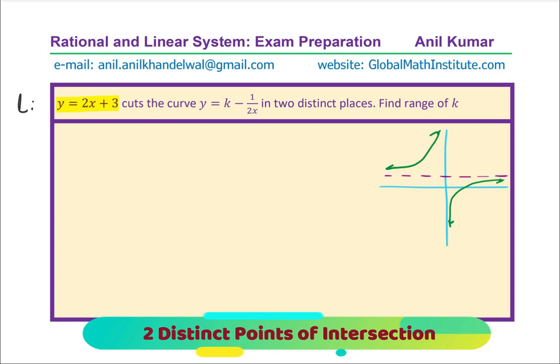Now, what could be the possible values of k? Now, you could think like this, that if I have a line, let us say the slope is 2, right? So the line could be something like this, where this particular point is 3. That is the line.